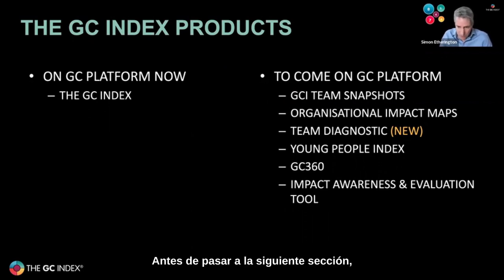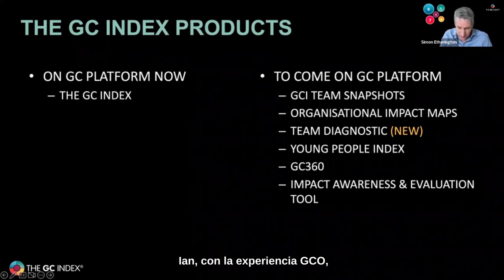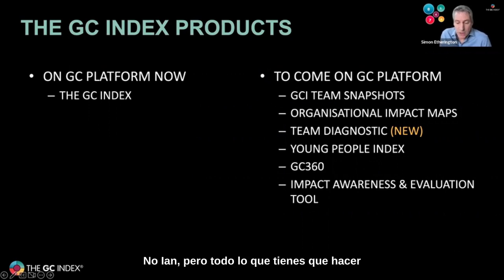So before I move on to the next section, let me just see what chats we've got on here. So Ian, with the GC experience, does it pick up legacy reviews? No, it doesn't, Ian, but all you have to do is go back through your platform and mark as reviewed the people that you want to invite to the platform.